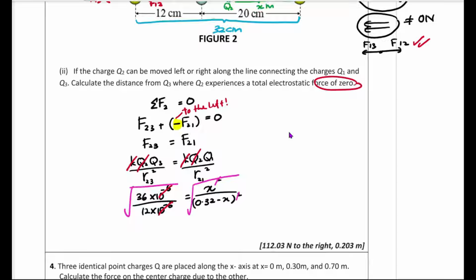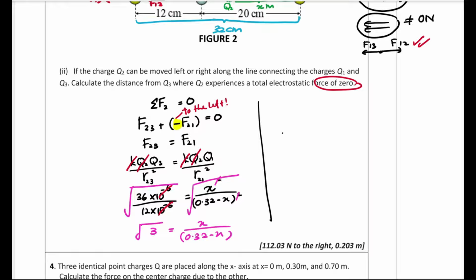Square root, the one is 32, right? 32 or 36? Yes. Okay, so for here, you have square root 3 equal to X over 0.32 minus X. So, yang you tekan calculator, jadi nilai yang ada square tadi semua dah hilang.